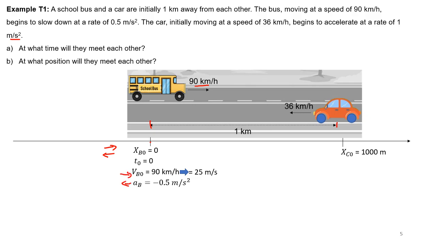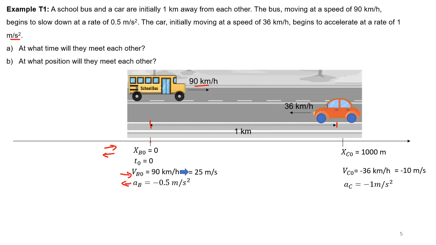Velocity is directed to right. Now what about the velocity of car? Here you see initial velocity of car is 36 kilometer per hour, but it is negative because the car is moving to left direction. Again we need to convert it to meter per second, which is minus 10 meter per second.